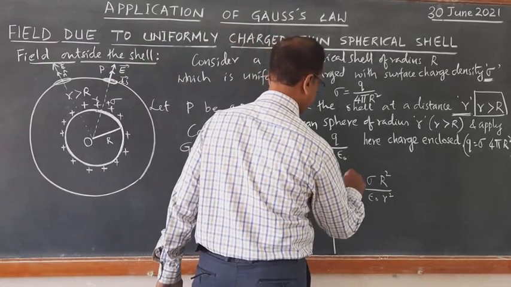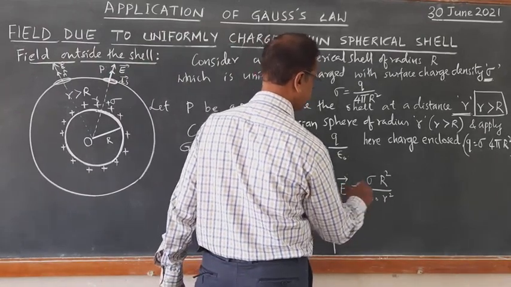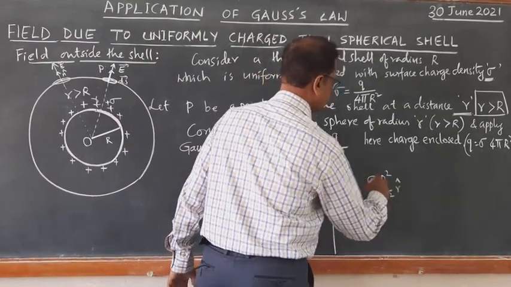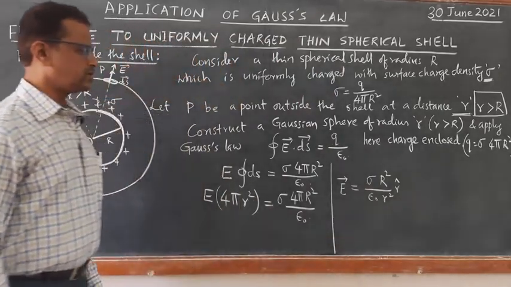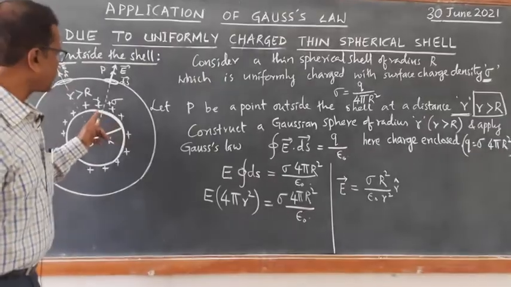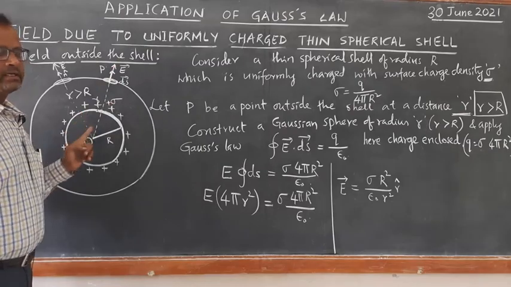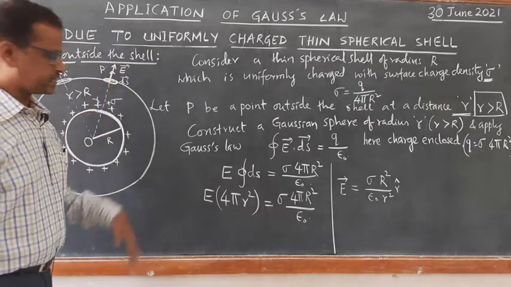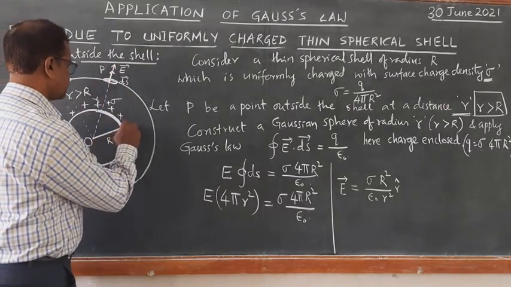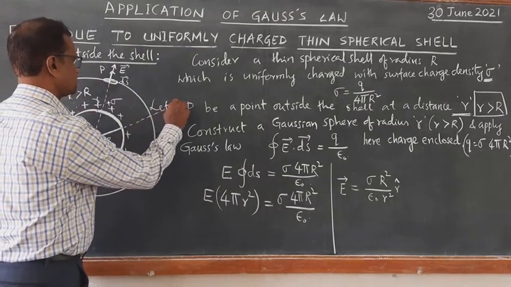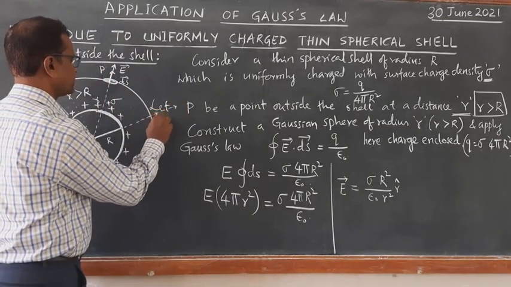If you write it in vector form, it becomes vector E is equal to sigma capital R square upon epsilon naught small r square into r cap, where r cap is the unit vector along the radius vector. If you take this as the radius vector, the unit vector along it can be taken as r cap.